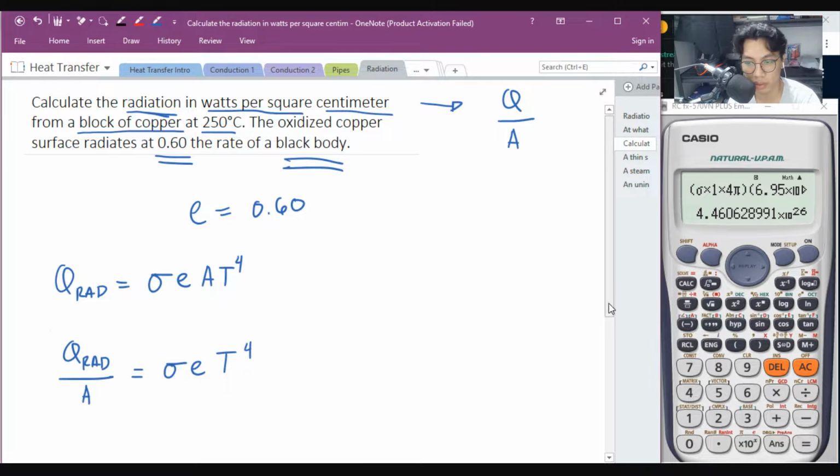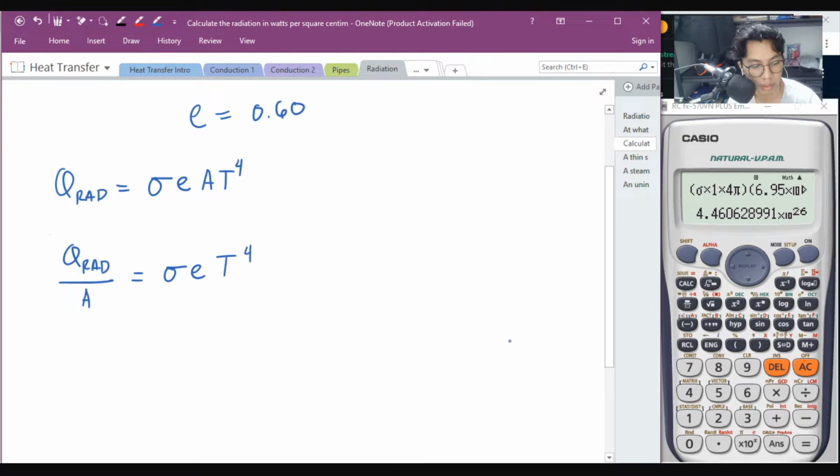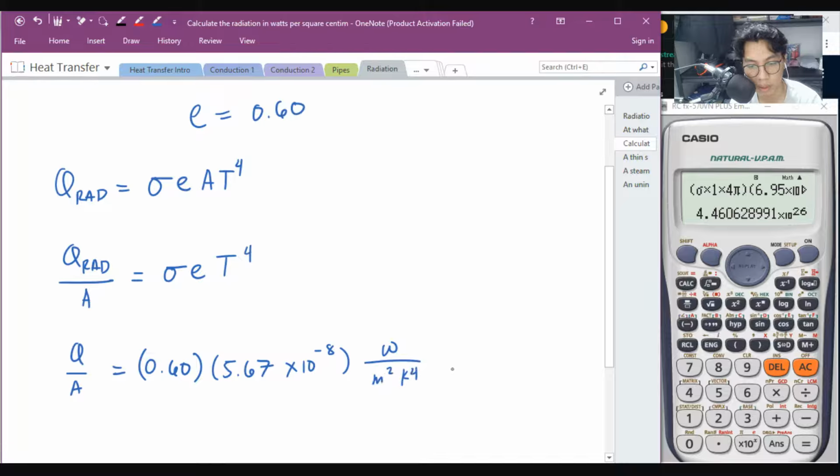So, Q over A is equal to the emissivity 0.60 multiplied by 5.67 times 10 to the negative 8 watt per meter squared Kelvin to the fourth, multiplied by T in 250.